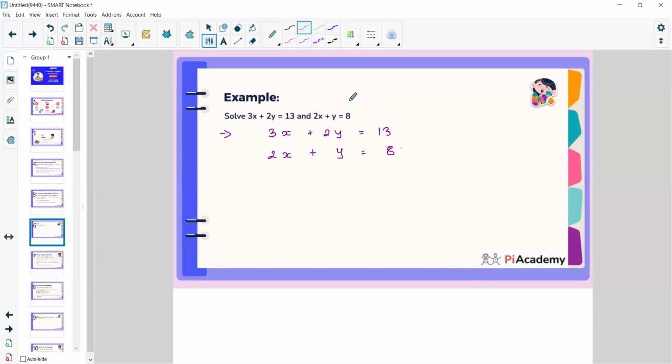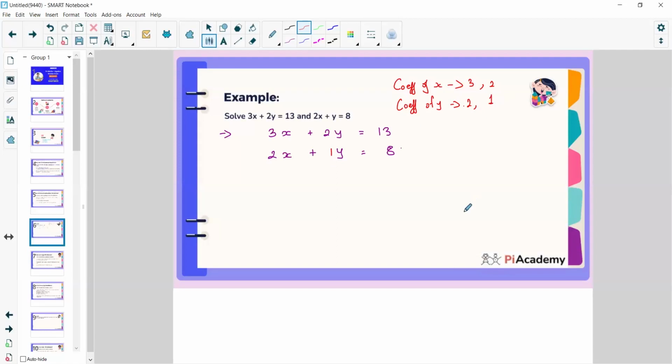Okay, what are the coefficients of x? The first one has the coefficient 3 and the second one has the coefficient 2. And what's the coefficient of y? The first one has 2 and the second equation has, what is this? What is the coefficient over here? This y is nothing but 1y, isn't it? 1 times y. So the coefficient is 1.